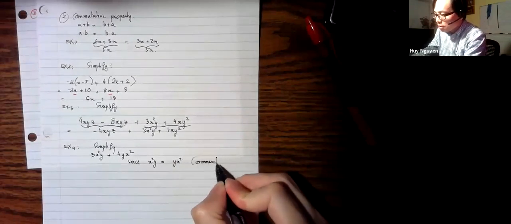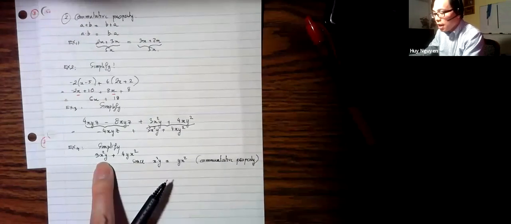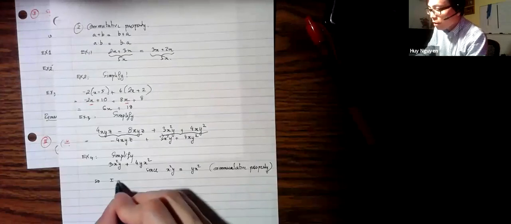So this is the commutative property. Because they are the same, I can combine.